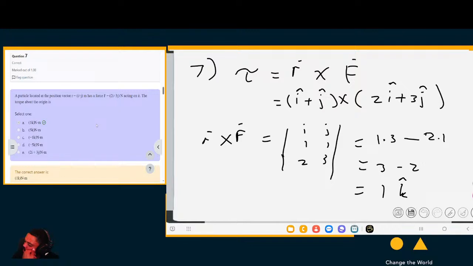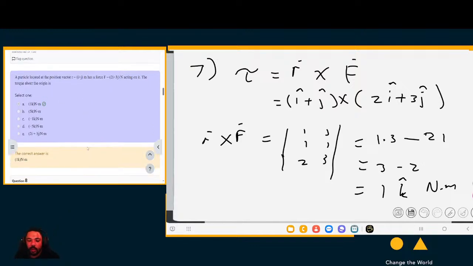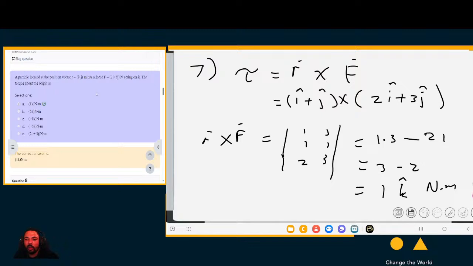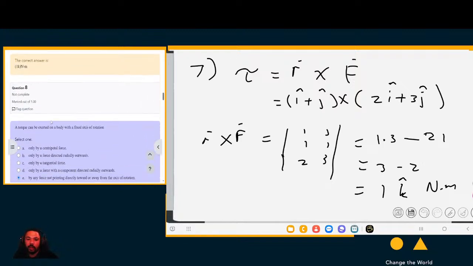Now this is torque, and since it's position, which is meter, times a force, it's newton meters. We usually call it newton meters. By the way, I don't know why they write kilo here. Oh, sorry, it's not kilo, it's k. It's in the k hat direction, because it's a hat on there.